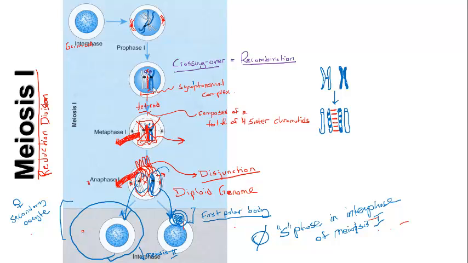It's as a result of the recombination that occurred in prophase 1 of meiosis 1 that no sister chromatid within either of these daughter cells is completely, 100% exactly alike.